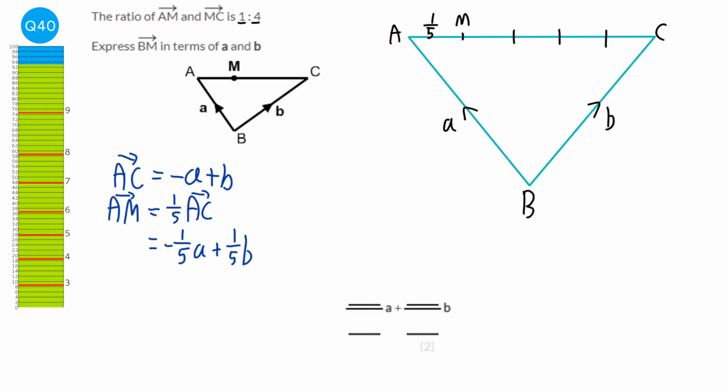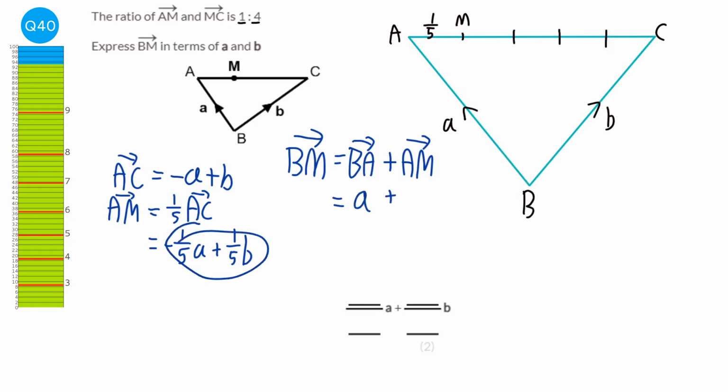Now we're asked for the vector B to M, and we know that that's going to be B to A plus A to M. We know B to A because it's labelled, it's just a. And we know A to M because we've worked it out down here.